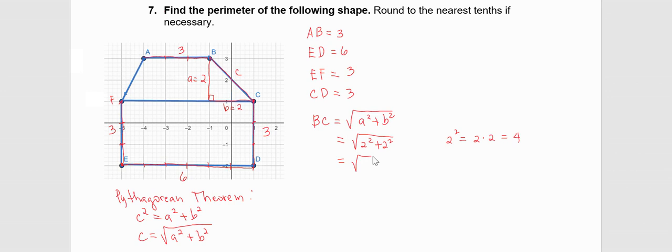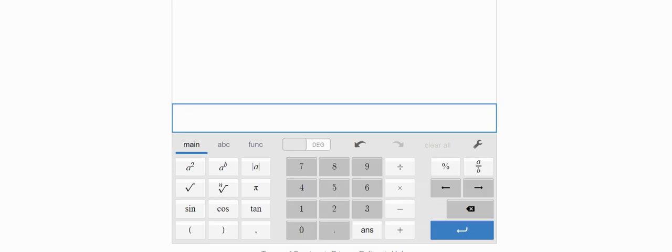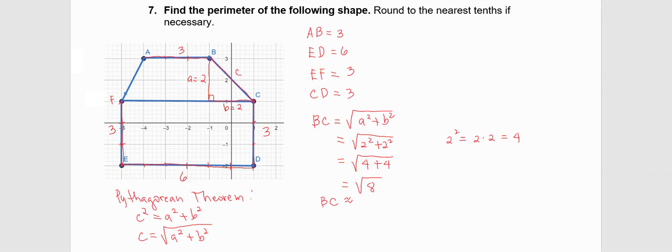Then we simplify the radical. 2 squared is 4. 4 plus 4 is 8. So the length of line segment BC is approximately equal to 2.8 when rounded off to the nearest tenths.